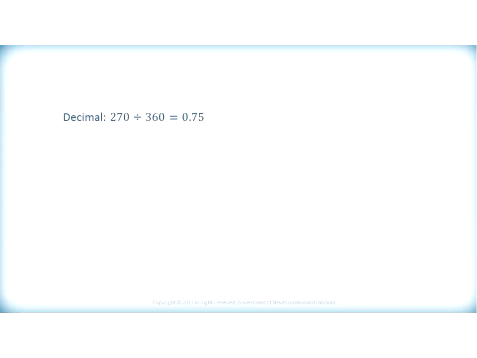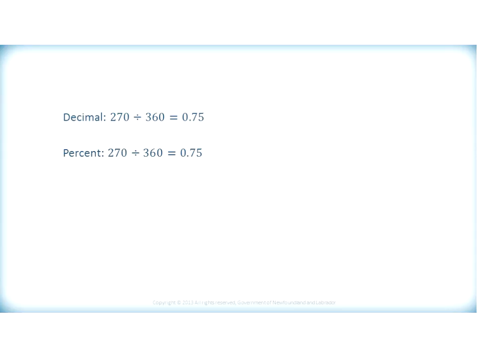As a decimal, we simply take the number of successful outcomes, which is 270, and divide that by the total possible outcomes, and that would be 360. And if you do that on your calculator, you're going to find that it equals 0.75. To turn it into a percentage, we start off with the same exact calculation as determining a decimal version of the probability, but we add another step.